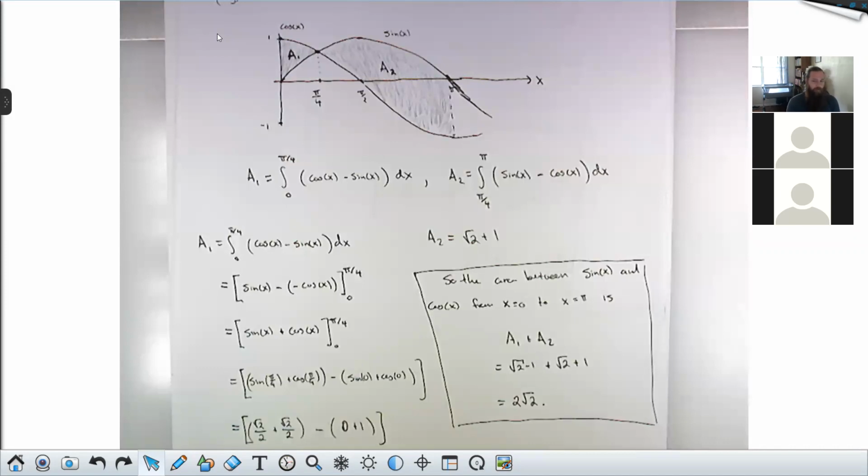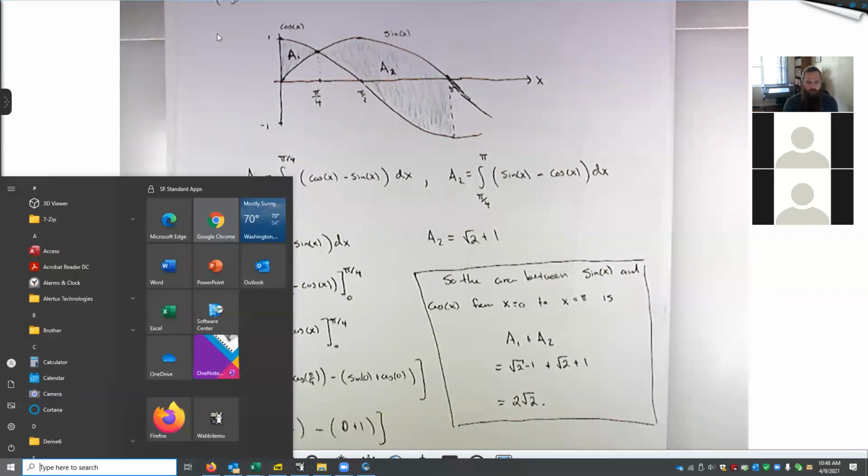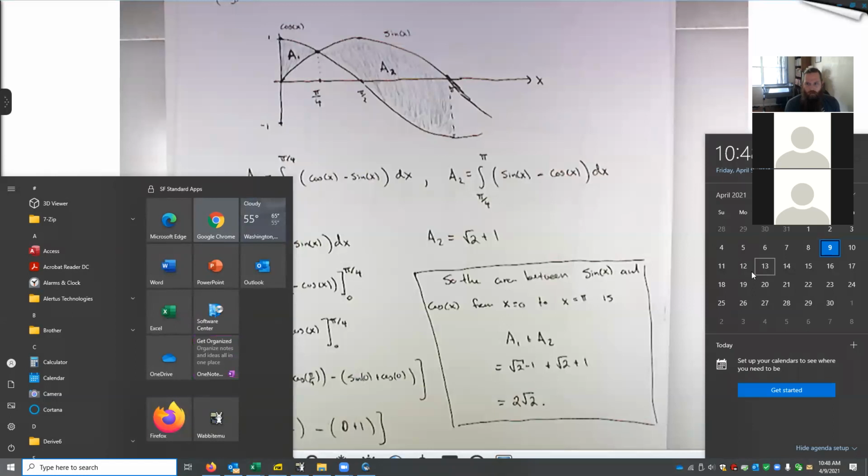Remember, exam 3 is going to be on the 19th. That's Monday after next. One other little thing before I let you guys go, I have jury duty. So it's the 13th, which I'm not sure if it's going to affect you guys or not. Let me take a quick look. There's the 9th, 13th, therefore Tuesday of next week.